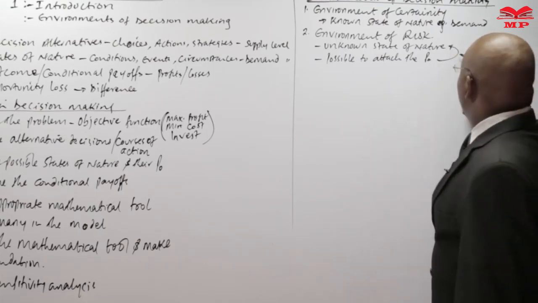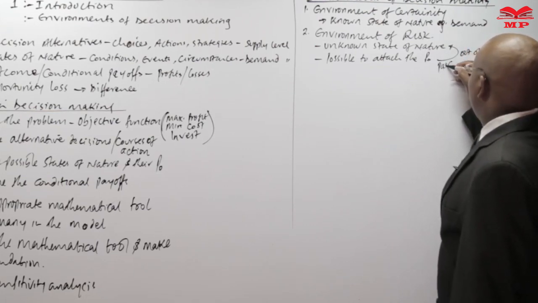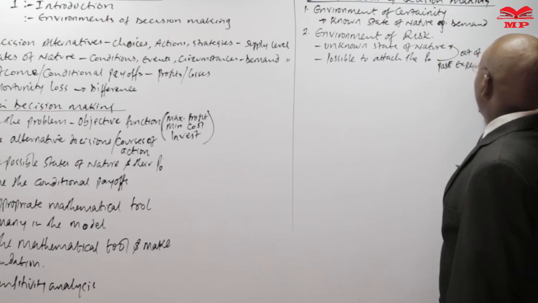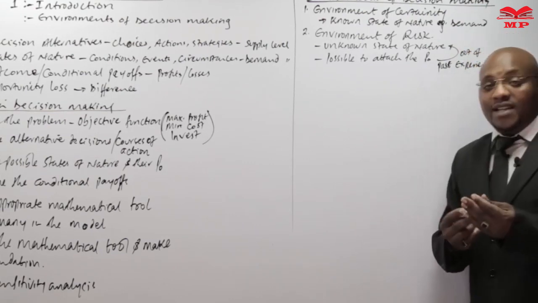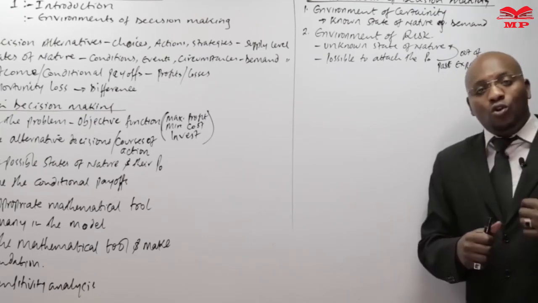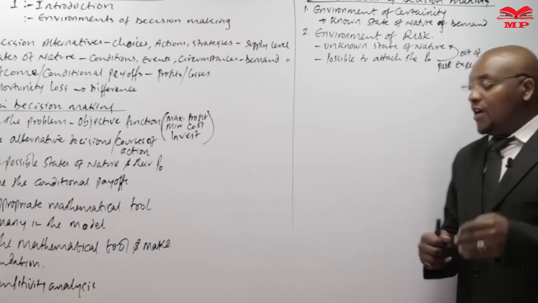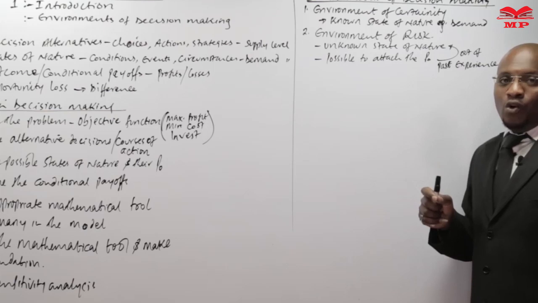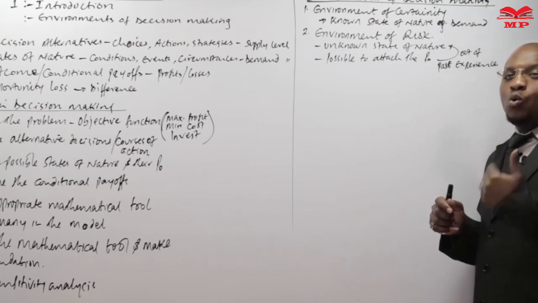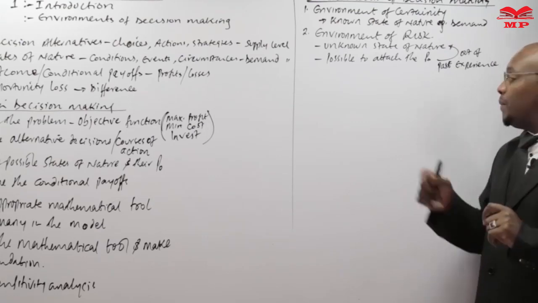Out of what? This is out of past experience. Meaning that yes, you do not exactly know what state of nature will occur, but in a way, out of the past experience, you can tell what levels or what states may occur and their possibility. You can be able to attach the probability.